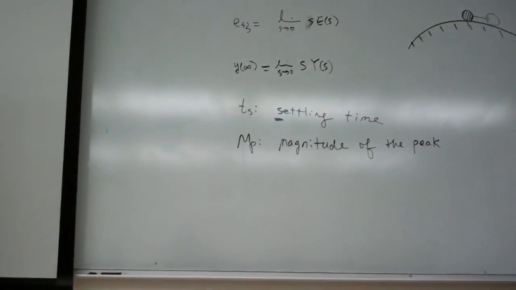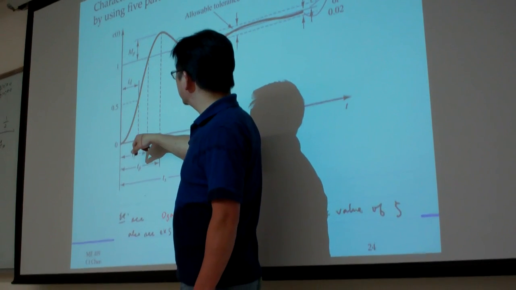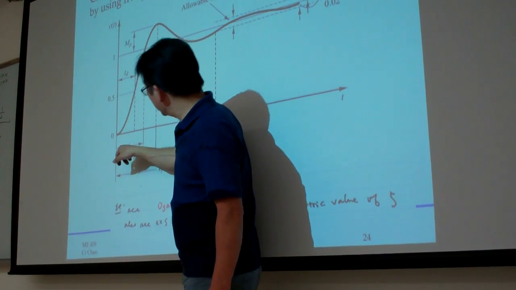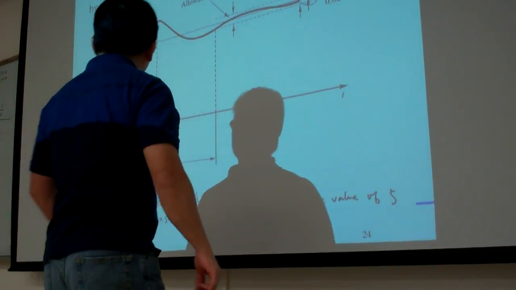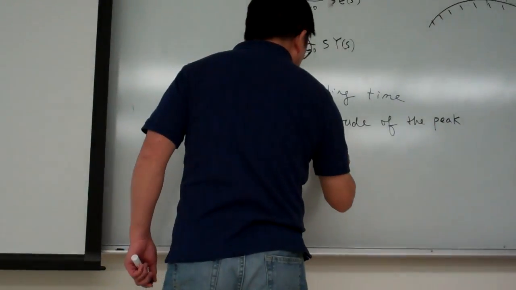And also, we know when the system response first reaches the value of the command. That is called Tr, okay? And Tr is called the rising time.